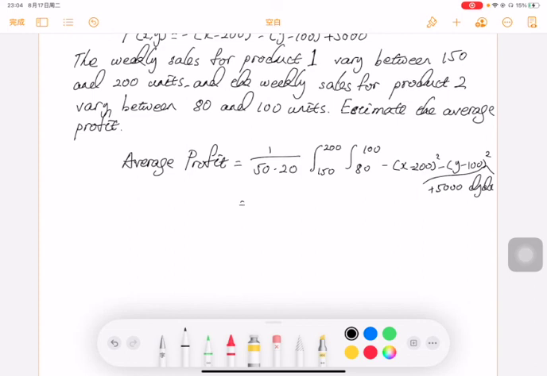All right, so this is 1 over 1000 times the integral from 150 to 200.